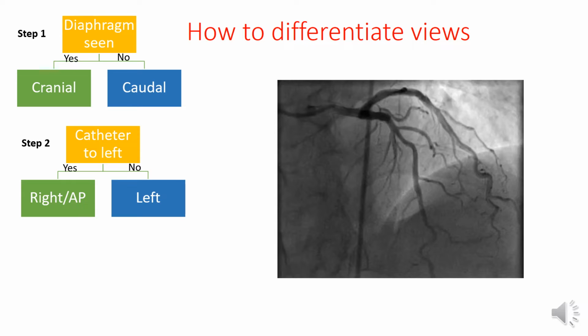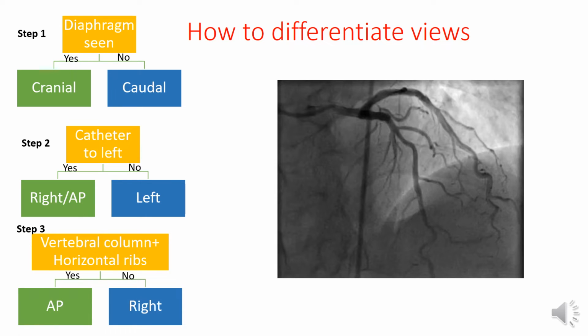So at this picture we have the diaphragm, so it is a cranial view. We have the catheter on the left side, so it is right cranial or epicranial view. So how to differentiate between right and epicranial? Simply, when we are seeing the vertebral column and the ribs are horizontal, this means we are looking anteroposteriorly, so it is an anteroposterior view.